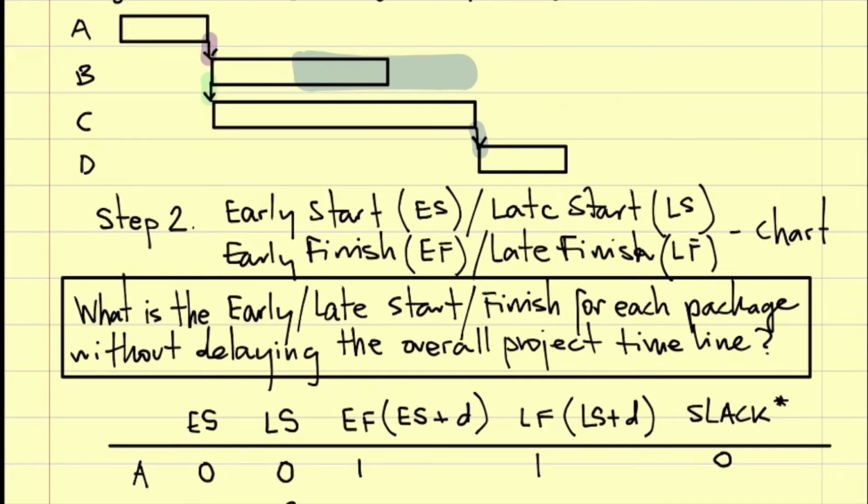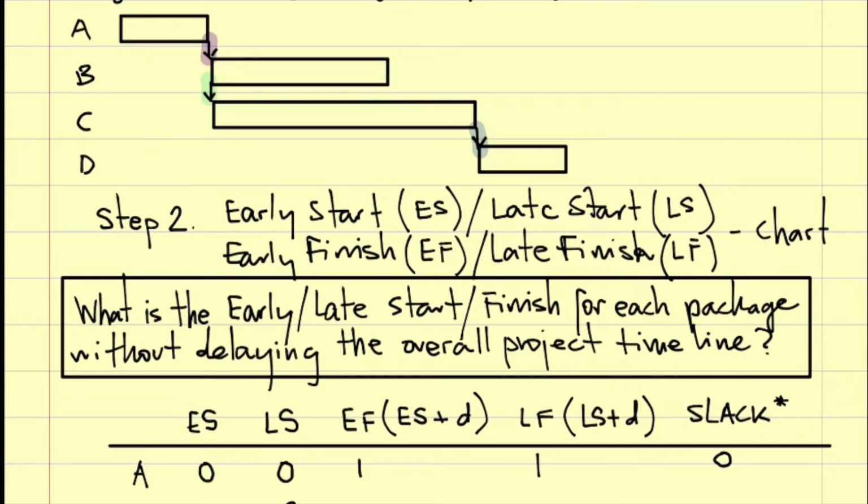So I don't delay D. So I have some flexibility with this work package. It's not critical. I can move it and nothing happens in the overall performance. Does it make sense? So it's not critical. It will not belong to our critical path.